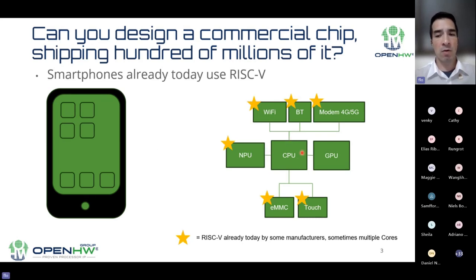It's not the main CPU and it's not the graphic chip so far, but it's used in the neural processing unit to accelerate your picture processing and a lot of other stuff, but also in the Wi-Fi, the Bluetooth, the modem part. It's used in the touch and the eMMC. So if you're getting a phone, there is a high chance you already have a few RISC-V processors in it today.